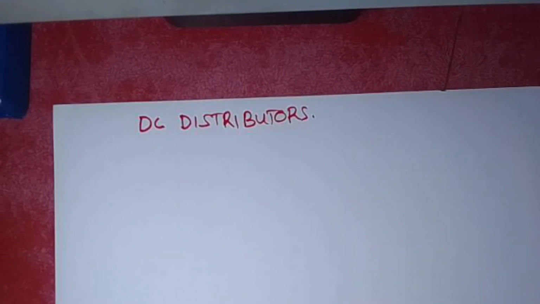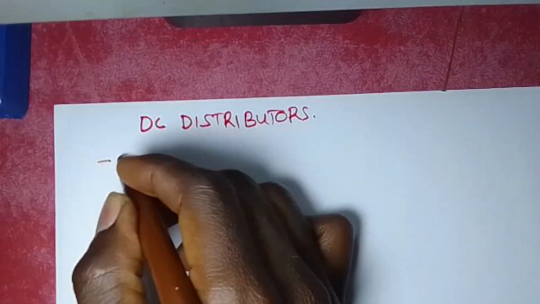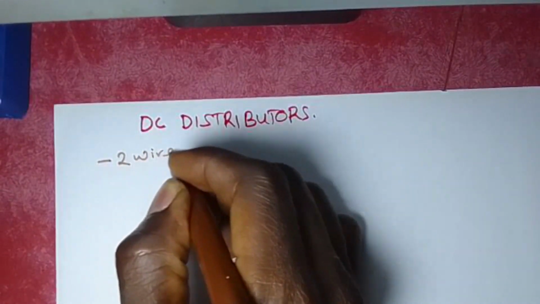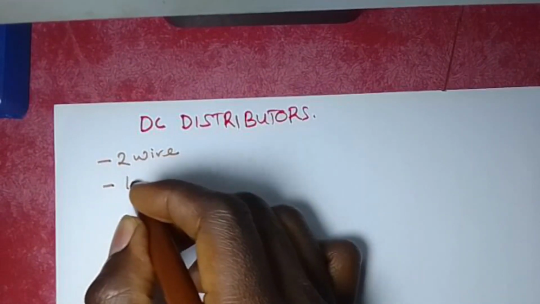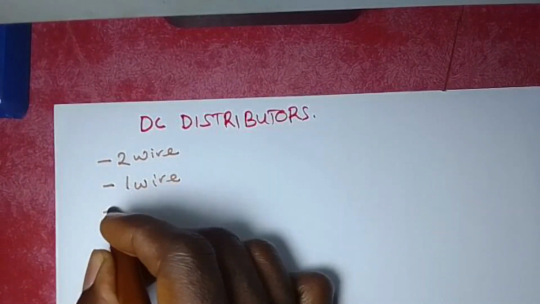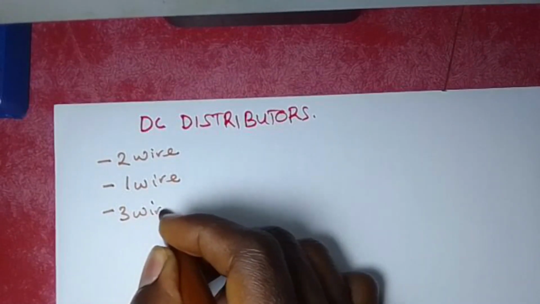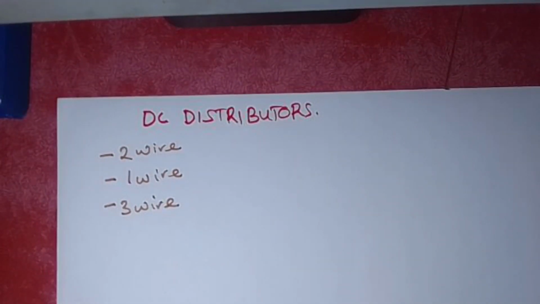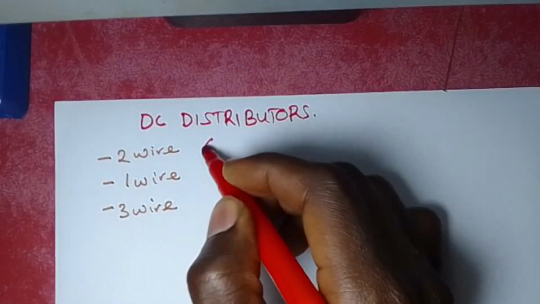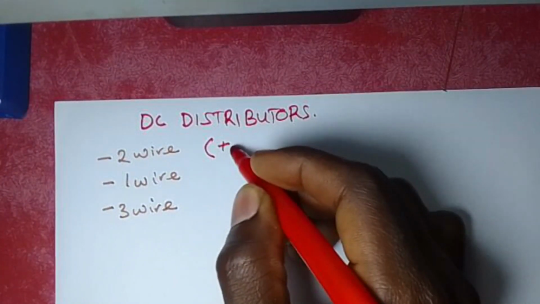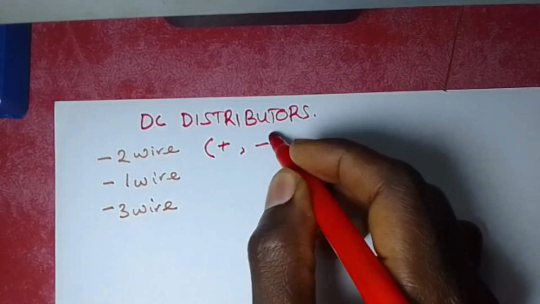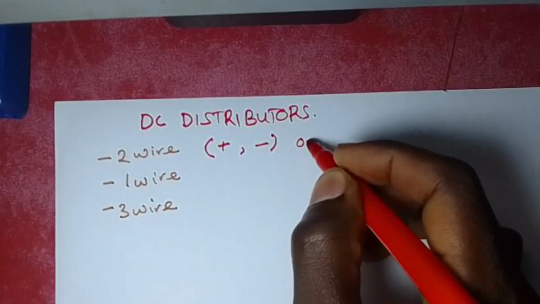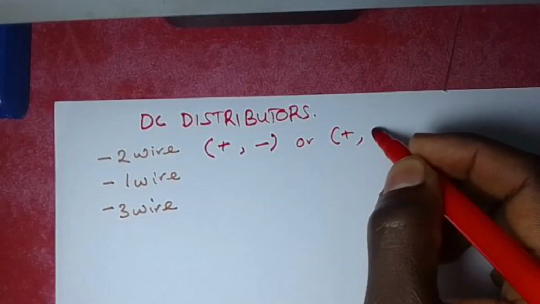So if they carry a DC voltage, we expect a DC distributor to be maybe a 2-wire distributor, a 1-wire, or a 3-wire distributor. When we talk about a 2-wire distributor, it only contains a positive conductor and a negative conductor, or a positive and a neutral.